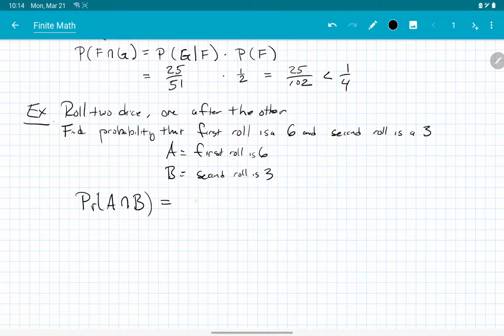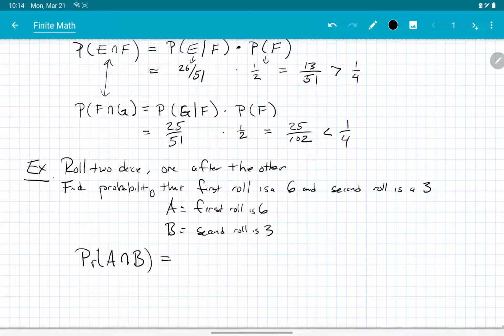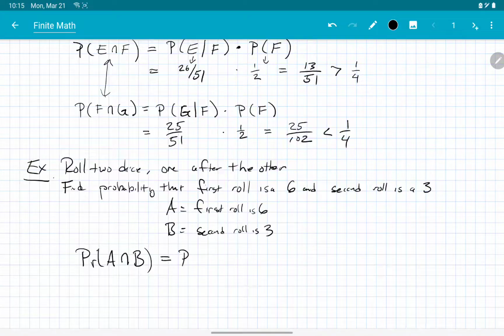And using the formula from above, we could say, okay, what is the probability that the second roll is a 3 given the first roll is a 6 times the probability of the first roll is a 6. We could use that formula to calculate those probabilities.